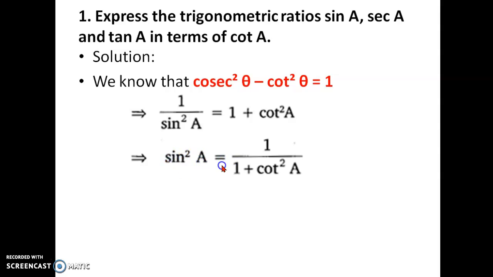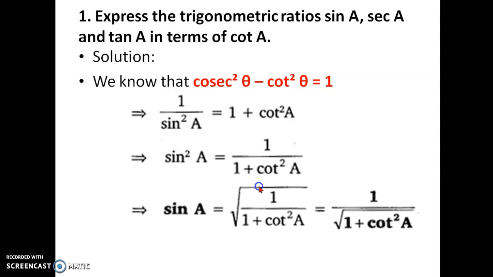So sin square A equal to 1 by 1 plus cot square A. We want sin A, so take root on both sides. So you will get sin A is equal to root of 1 by 1 plus cot square A. When it is division, you can take root separately for numerator and denominator. Root of 1 is 1 only. So 1 by root of 1 plus cot square A.